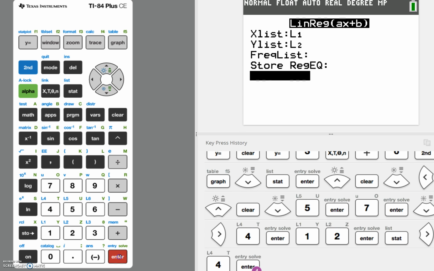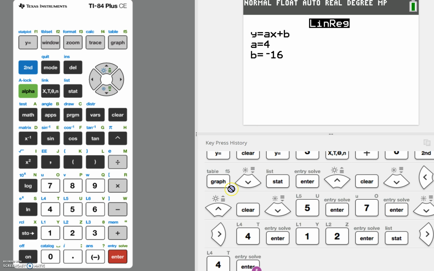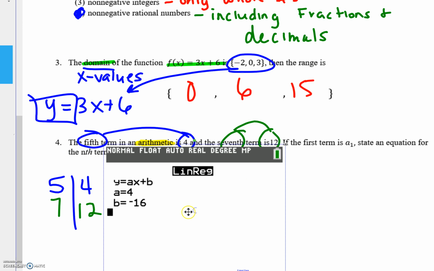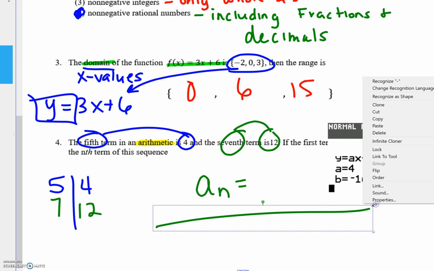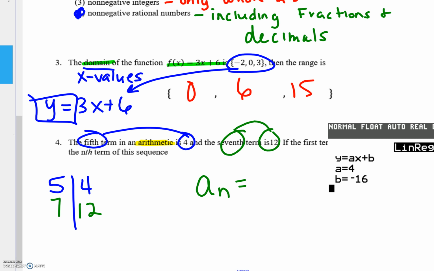From here, I'm just going to hit enter until I get my equation. So that's what I see in the calculator. So from here, my a term or my slope is 4n minus 16.